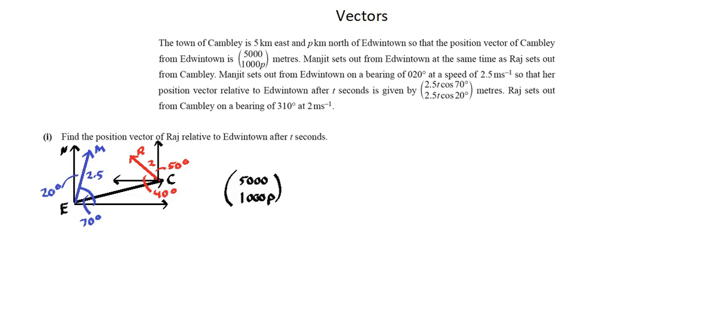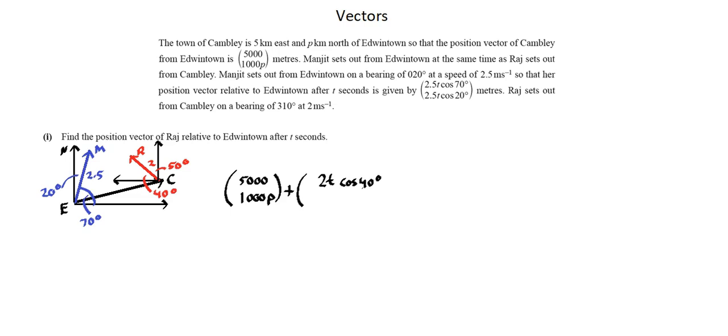And from here we want to add on the change in position, starting with the horizontal position. Notice that our velocity is 2. So following our example for Manjit, we're going to start with 2t, and the angle in reference to the horizontal reference vector is 40 degrees.